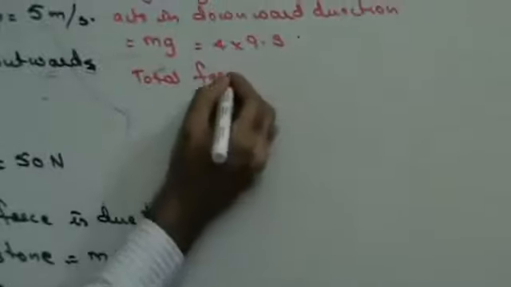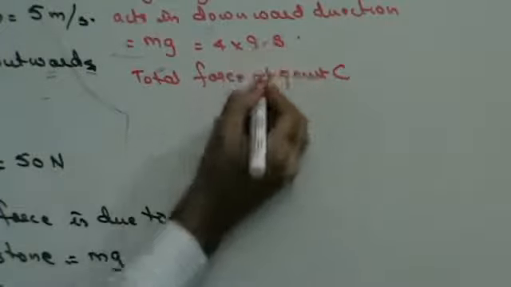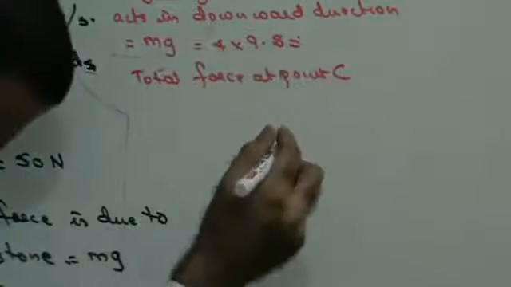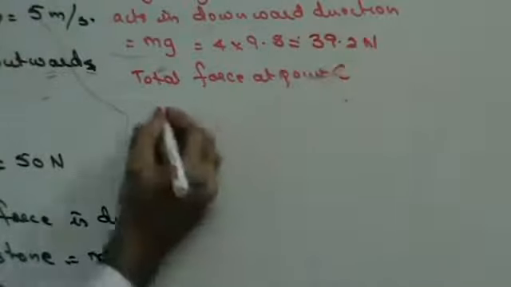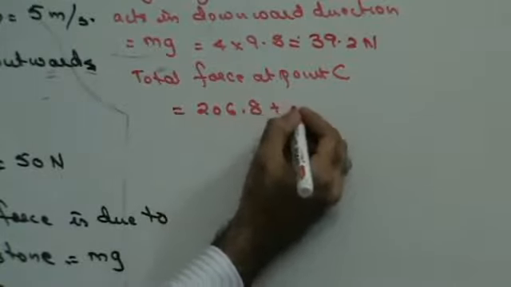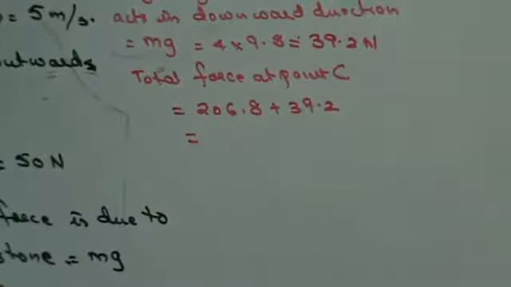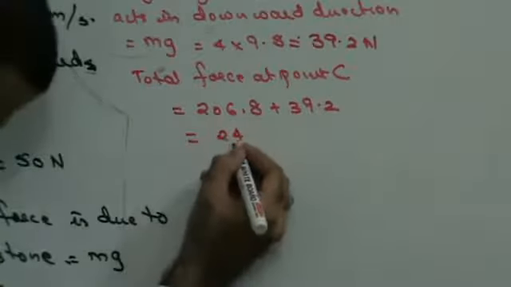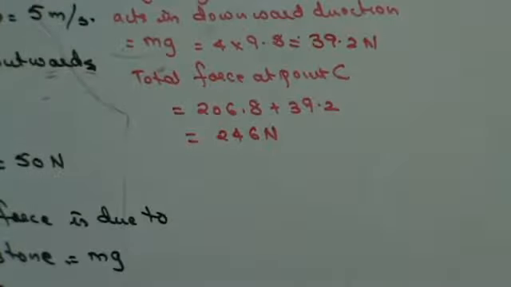So the total force at point C: this is 206.8 newtons, that's my centrifugal force, and 39.2, that's the weight of the stone acting in downward direction, which is going to be 246 newtons. Fine. That is the force that will be acting in downward direction.